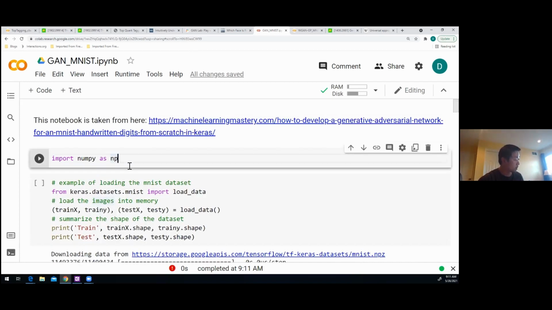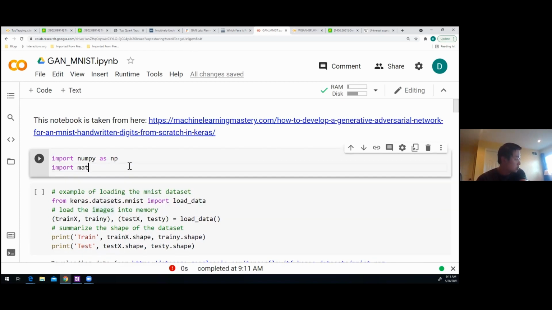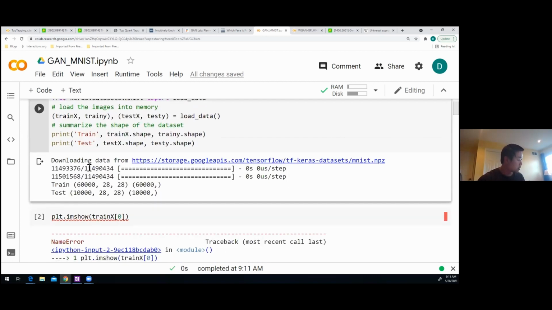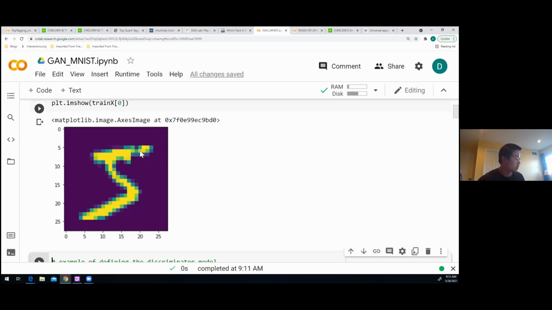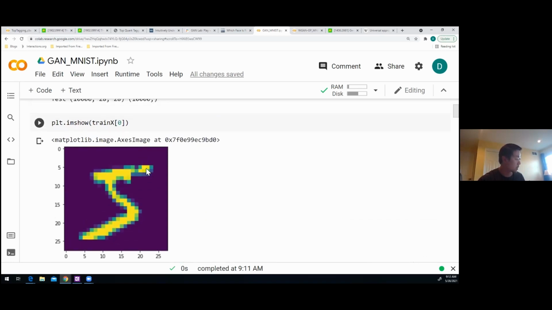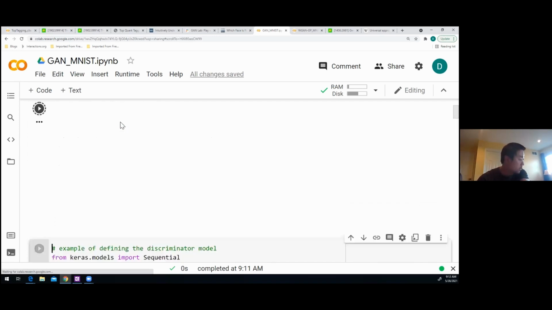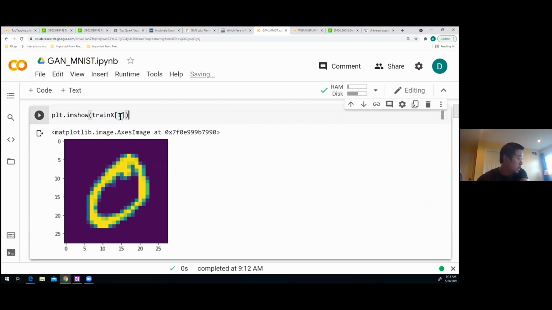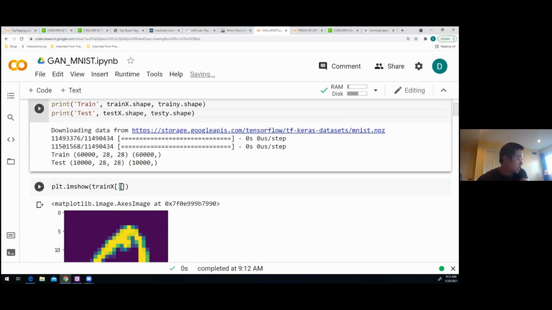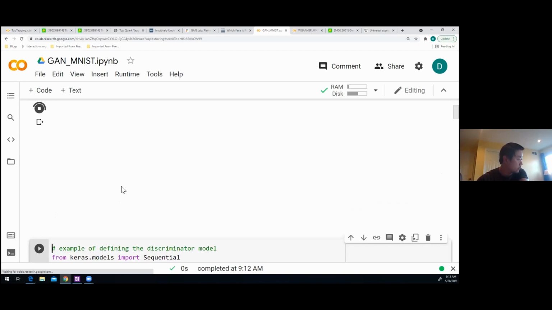Okay, that did not load. There you go. So the first image in this MNIST database is a 5. All right. And so that's the idea. These are 28 by 28 black and white, grayscale images of handwritten digits.